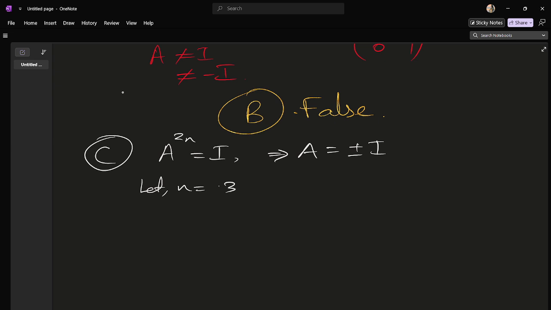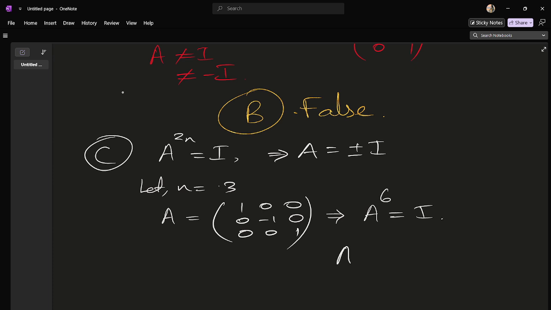Let us take a diagonal matrix with entries 1, minus 1, 1. Then A to the power 6 will be identity, but A cube is not identity and not minus identity.